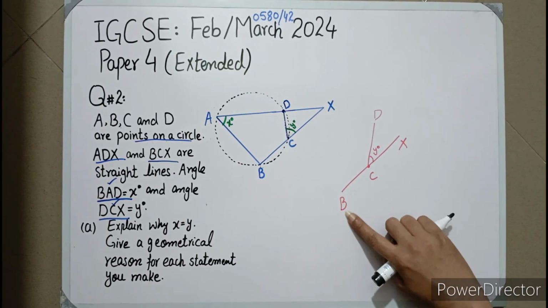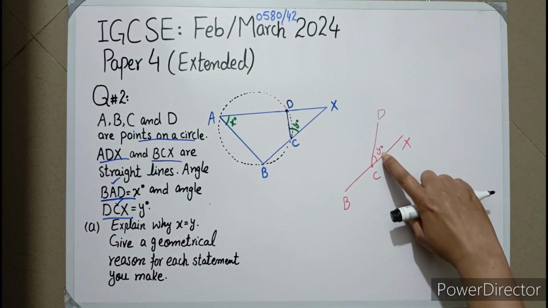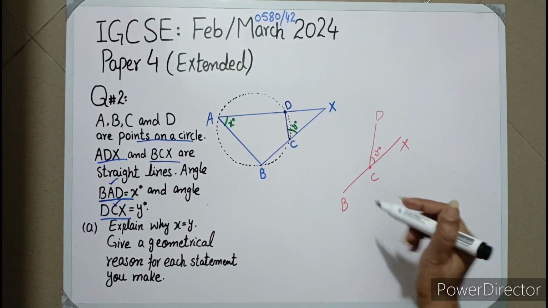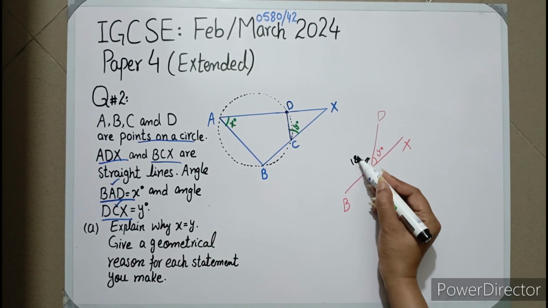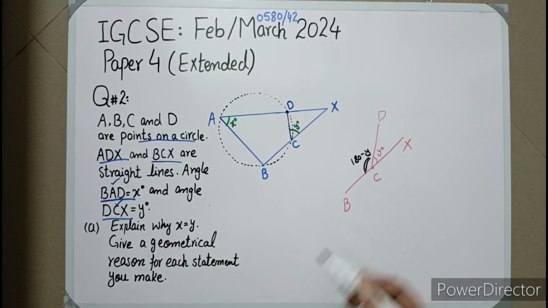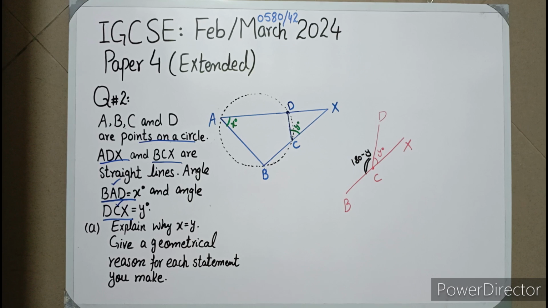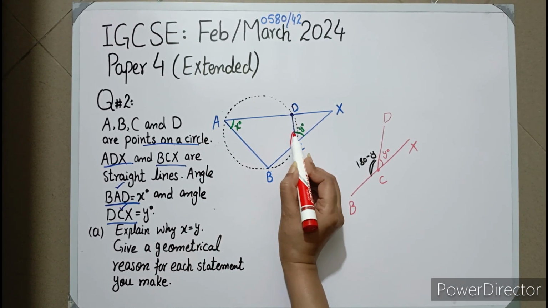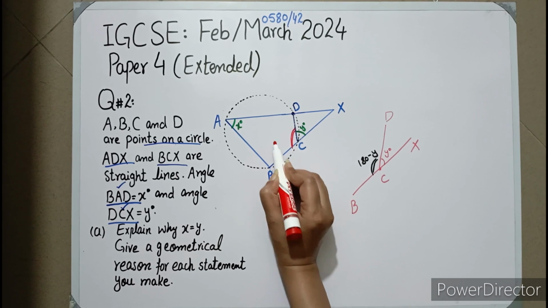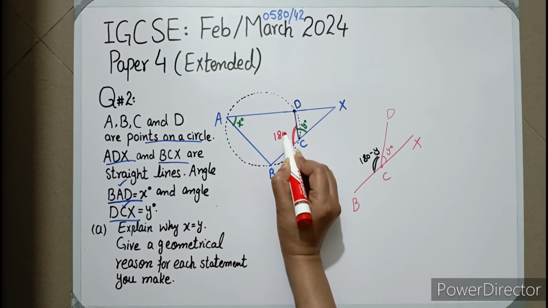It means the angle of BCX is 180. This portion is y, so the remaining portion will be 180 minus y. So here you get another angle which is formed inside the cyclic quadrilateral, 180 minus y.